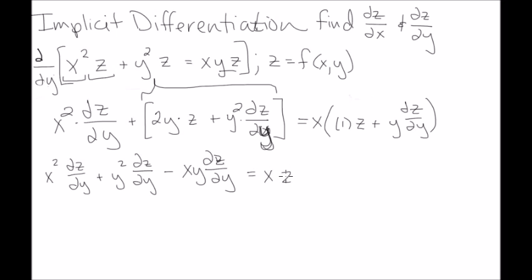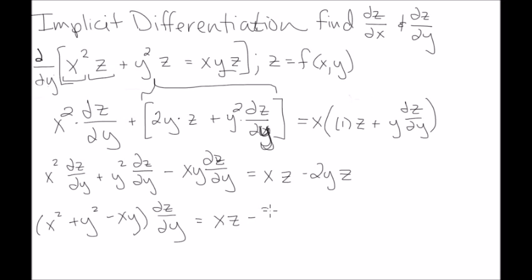I get xz minus 2yz. I factor out my dz dy on the left-hand side. My right-hand side is unchanged. And then I divide through to get dz dy by itself. And I'm done.